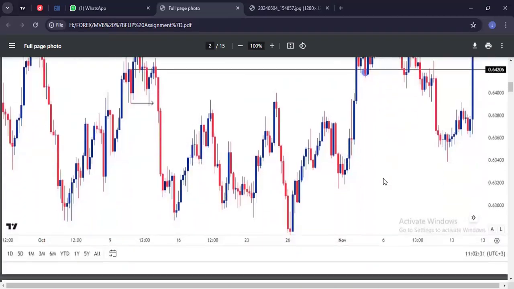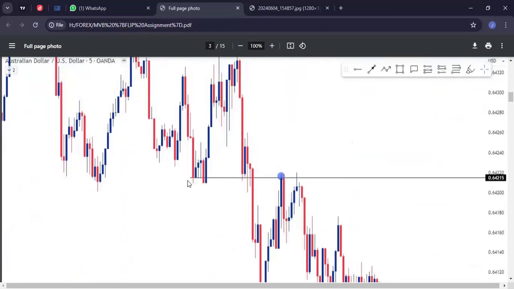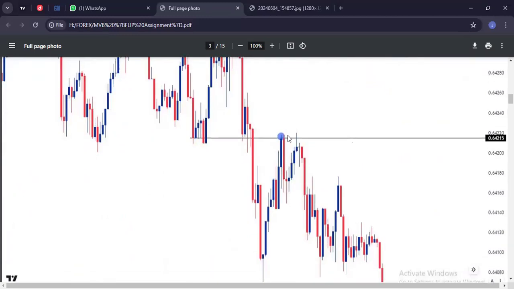It goes up. Another one here, a liquidity engineering. The market closed below the liquidity point. Then the market took the flip. Then the market went down.